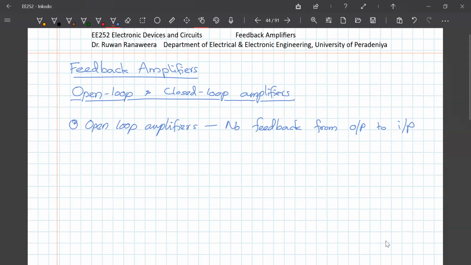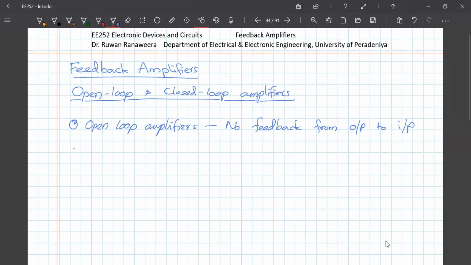But if you use feedback, you can make it very stable. It doesn't change at all, almost. If we want to set it at 10, it will vary from 9.99 to 10.01. So it's very stable. Likewise, we can achieve this high stability just using feedback amplifiers. This is basically what we are going to learn in this section.